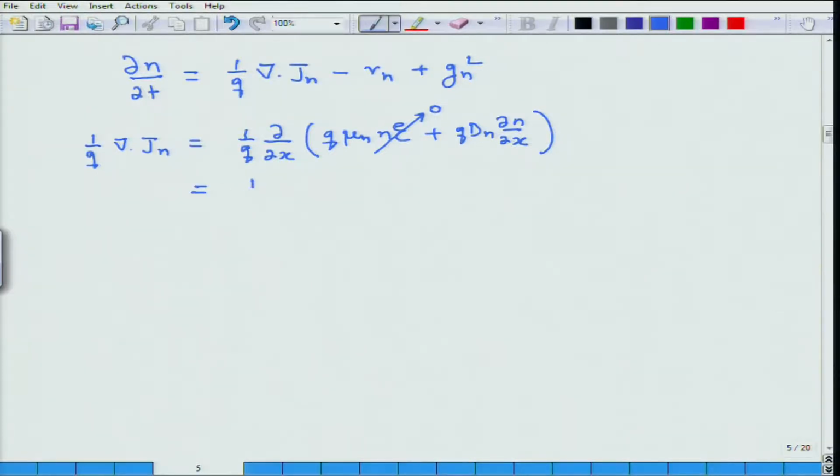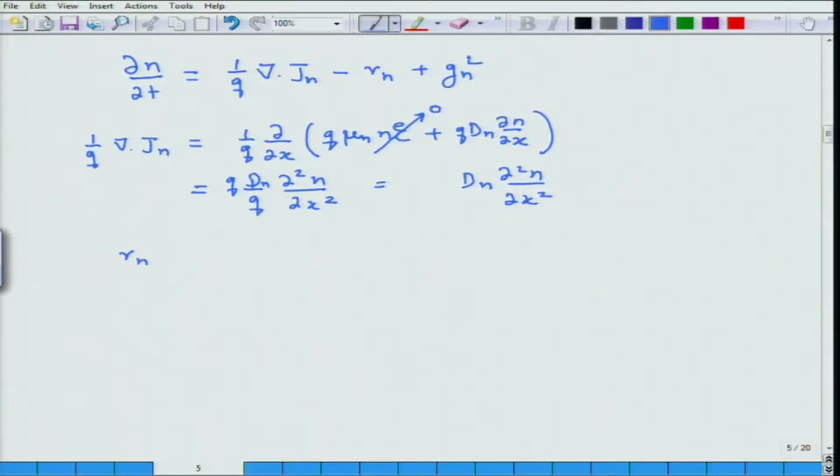So, we are going to simplify this, and q of d n will come out, which would give us q of d n. So, finally, the term will be d n gradient of x square.